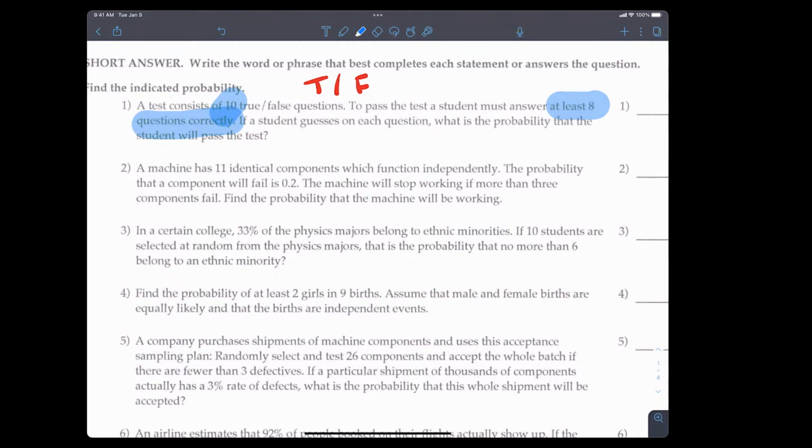Now, here's the thing. If a student's going to guess on each question, so that's going to be an important detail, you're going to guess, what's the probability that that student will pass the test. So, in question number 1, what we're going to say here is x is the number of correct guesses.